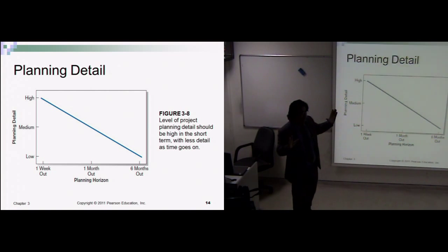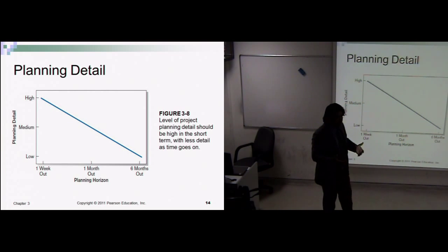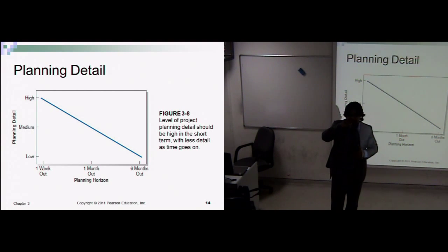But in the beginning, they do not know anything. That is why they have to do a lot of paperwork in order to establish things. So that is why planning details are high.